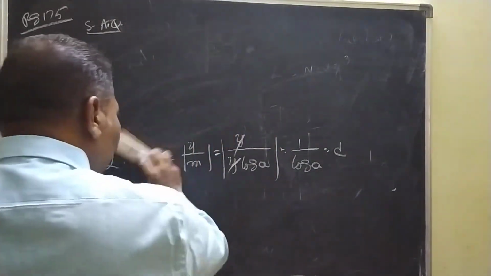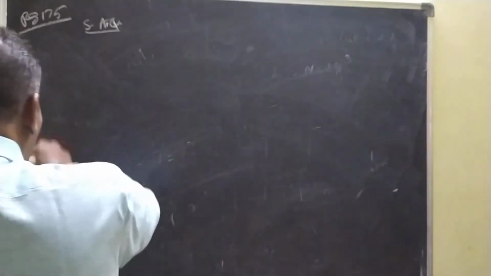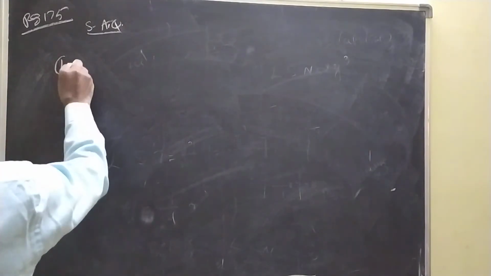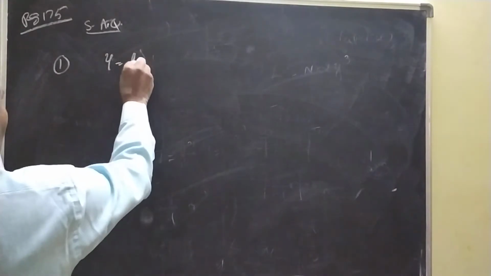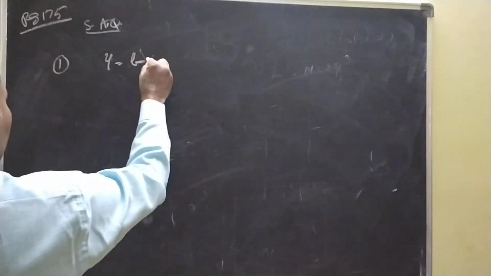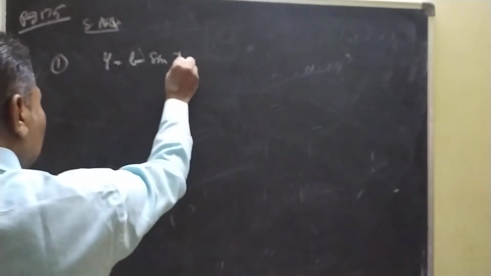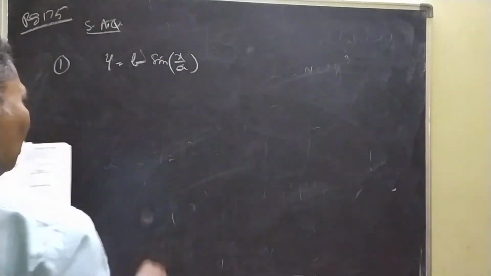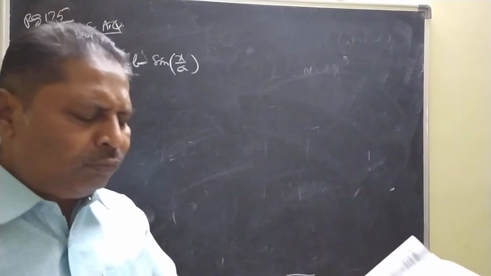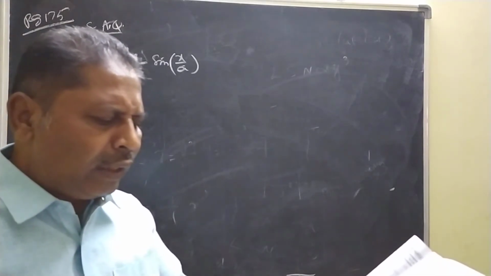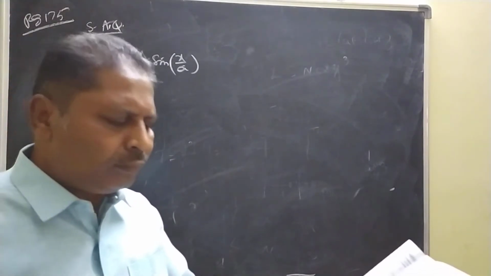Next, first Roman. Y equal to b into sine of x by a. Length of the subtangent, length of the subnormal.